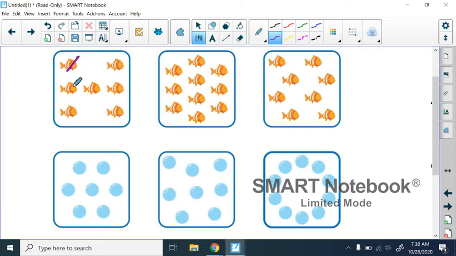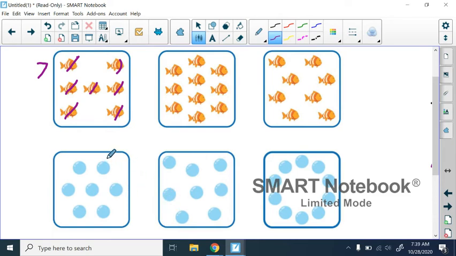1, 2, 3, 4, 5, 6, 7. So I'm going to put the number 7 up here just to remind me that that is the last number I counted. So that tells me there are 7 fish. Okay, I have to find out what group down here has 7.